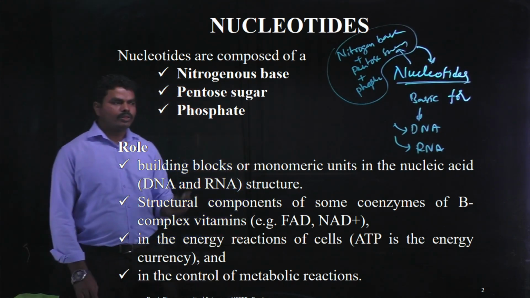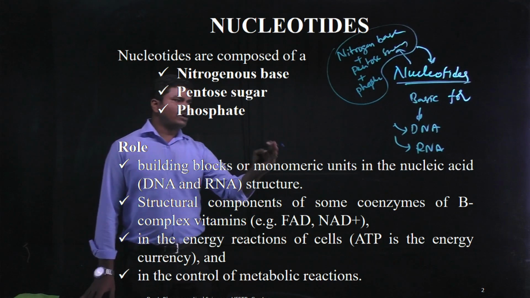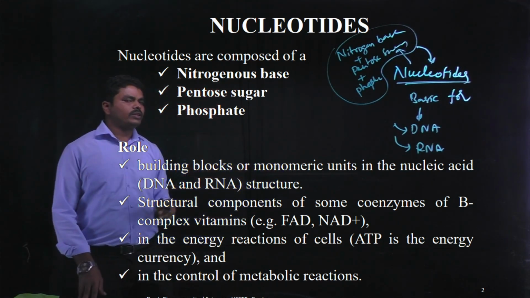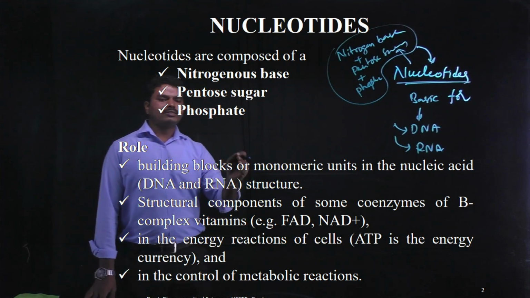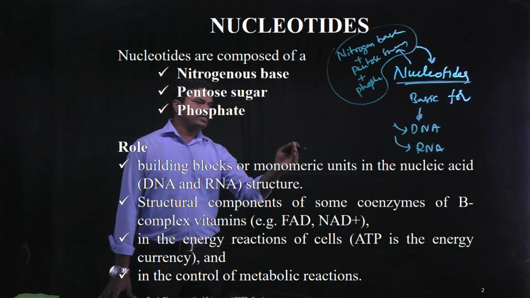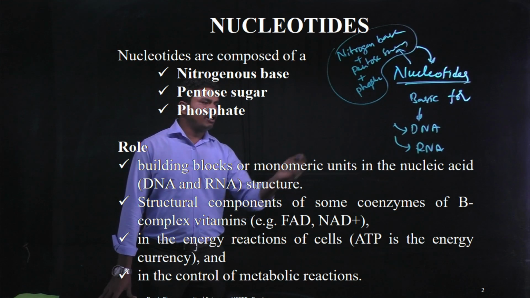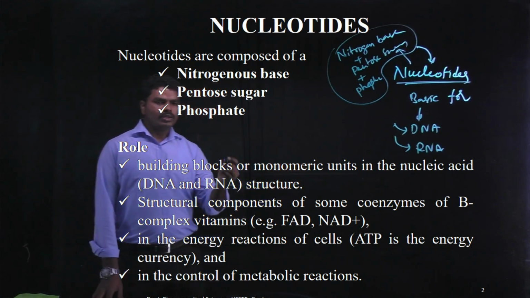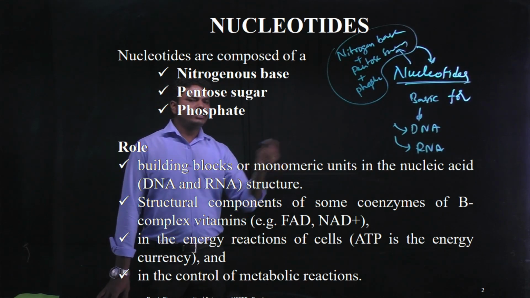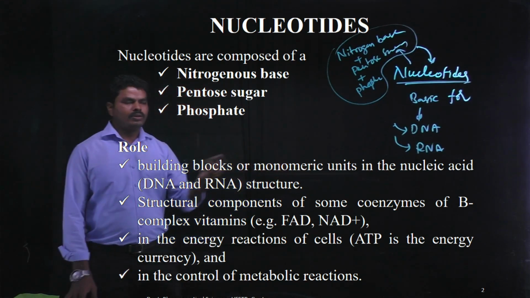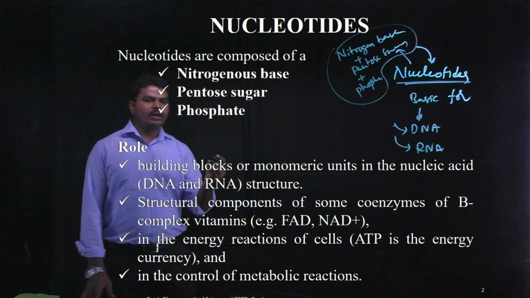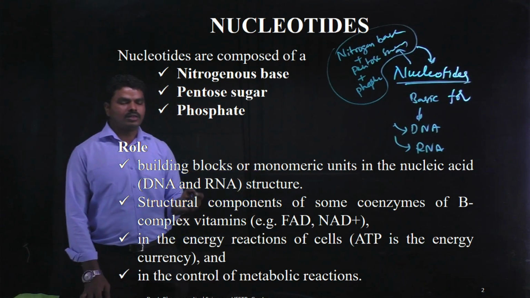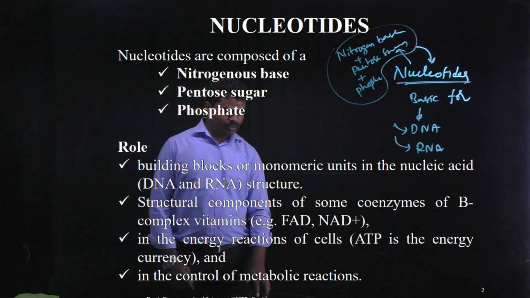First, they act as building blocks or monomeric units of DNA and RNA, the nucleic acids. They act as structural components of some coenzymes like FAD and NAD+ of the B complex vitamins. They play a major role in the energy reactions of the cells, like production of ATP, and in the control of metabolic reactions.